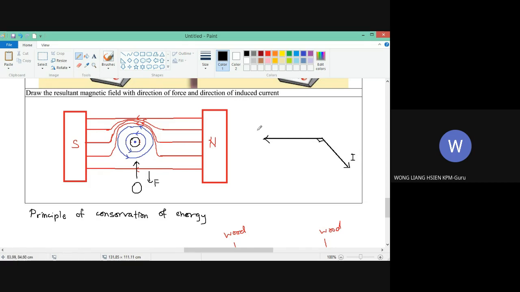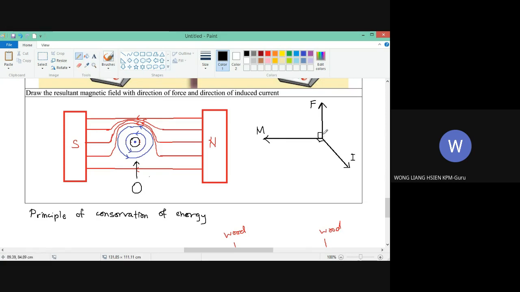This induced current, this is the magnetic flux. And this is the direction of pushing the conductor, the direction of the force. So you see, push upwards. This is the direction of the force, push upwards. This is the direction of the opposing force. Okay, opposing force.